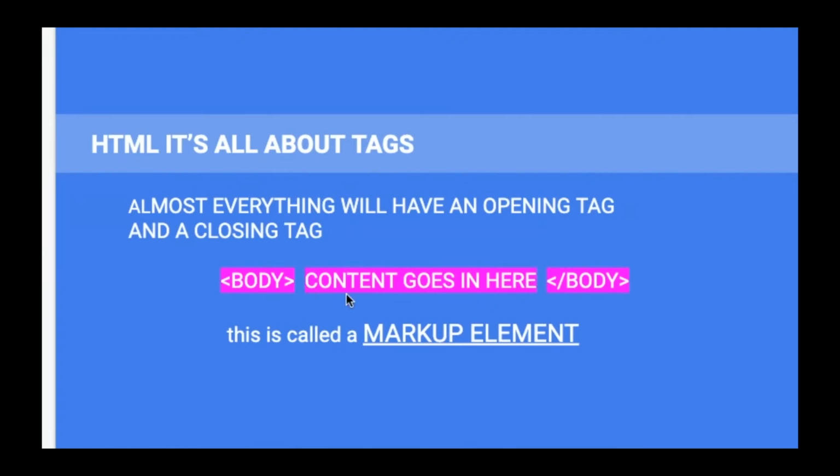Obviously, we're going to have lots and lots in here. And then here's our closing tag. Angle brackets, but it starts with the backslash. So that's our body closing tag. This element is called a markup element. And this is just an example of one of the elements we'll have.